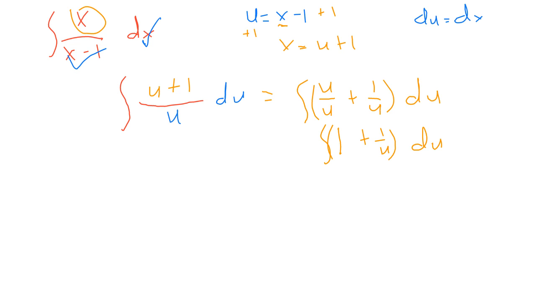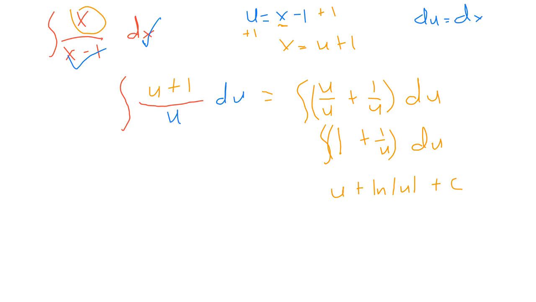So now we can integrate this pretty easily. If we integrate 1, that's just going to get us back to u. And if we integrate 1 over u, that's going to get us the natural log of the absolute value of u, and then plus c.